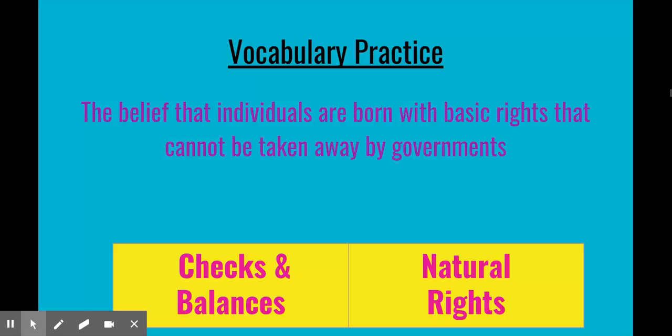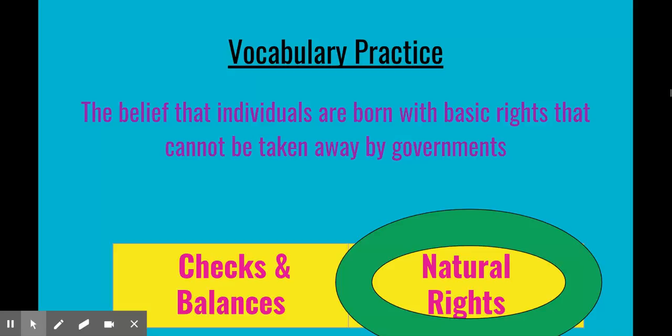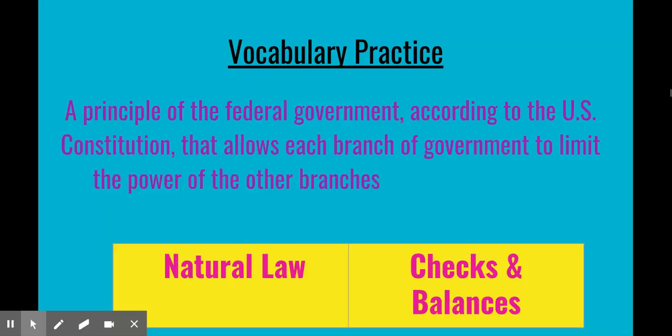This practice question describes the belief that individuals are born with basic rights that cannot be taken away by governments. Is it describing checks and balances or natural rights? The correct response is natural rights. Next practice question.